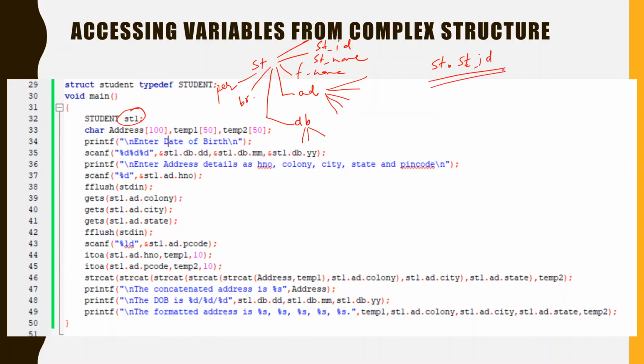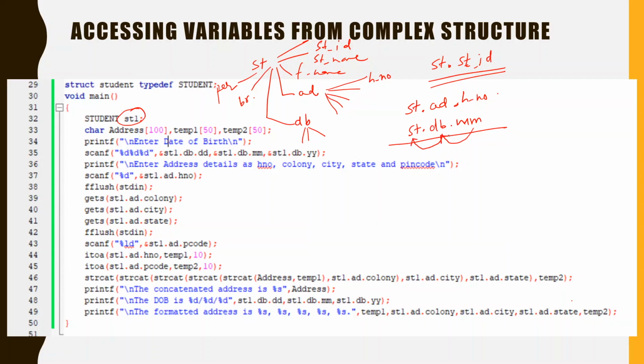But if you want to access a member variable of a complex data type, you use st.ad dot its particular member. If the member is house number, you use st.ad.house number to access the sub member of the complex data type. Similarly, to access the month of the date of birth, you use st.db.mm. This is going to be the month of the date of birth of the particular student.